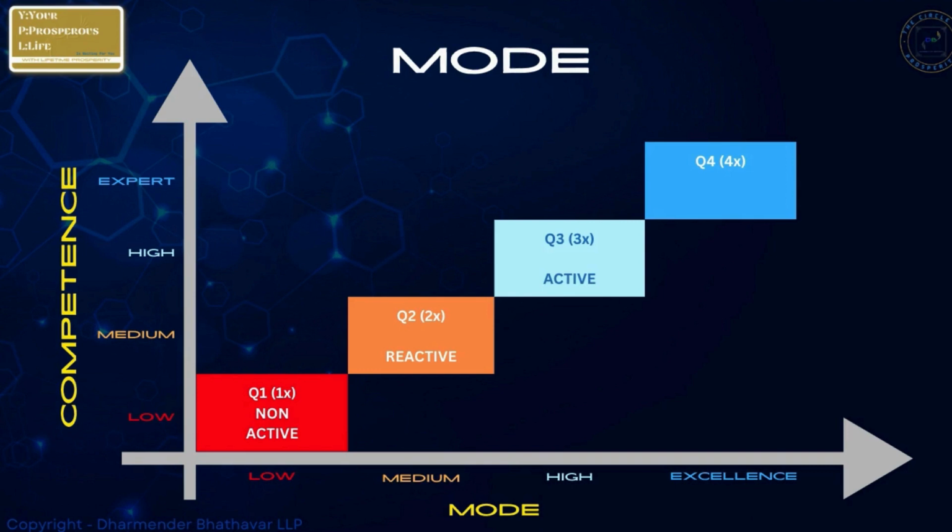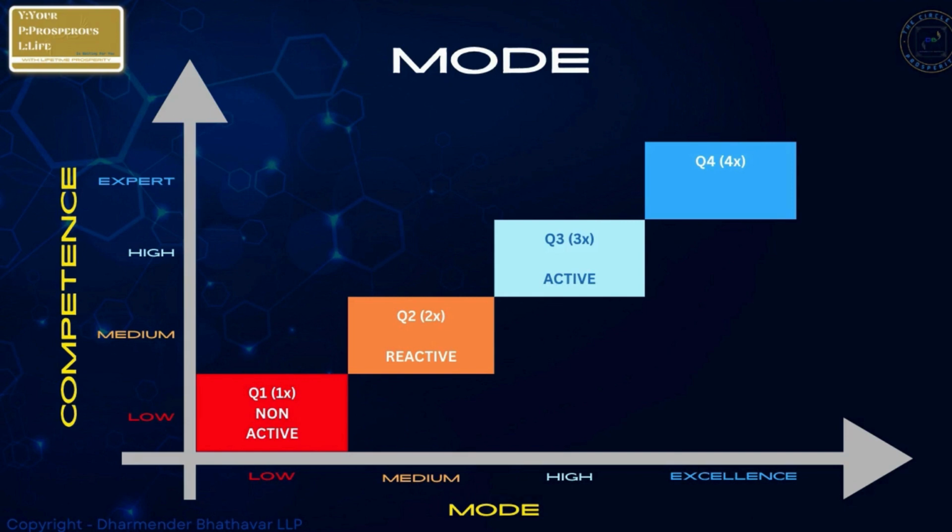Now coming to quadrant 3. In quadrant 3, the competency level is high and the mode of operation is also high. What exactly do we mean by an active approach? An active approach is a mode where individuals take initiative, plan and actively work towards achieving their objectives or goals.